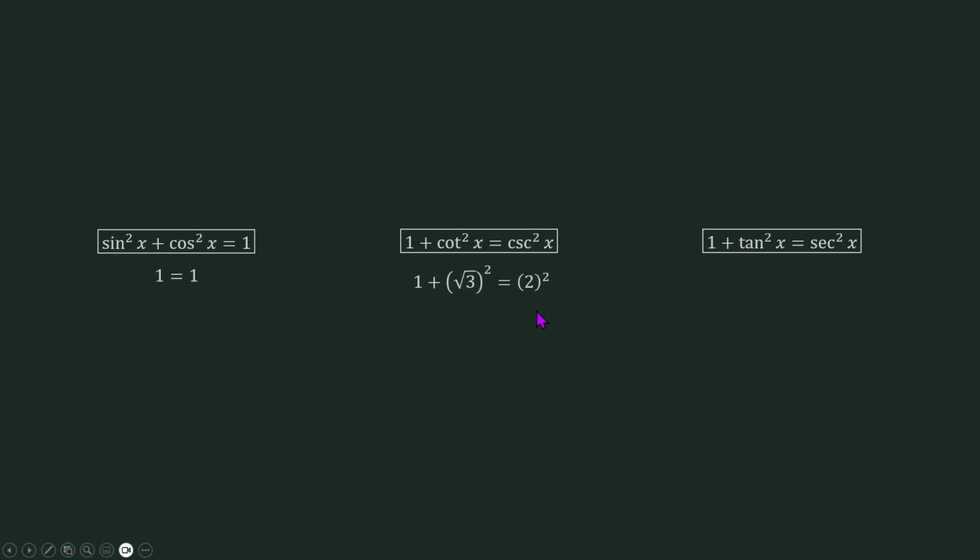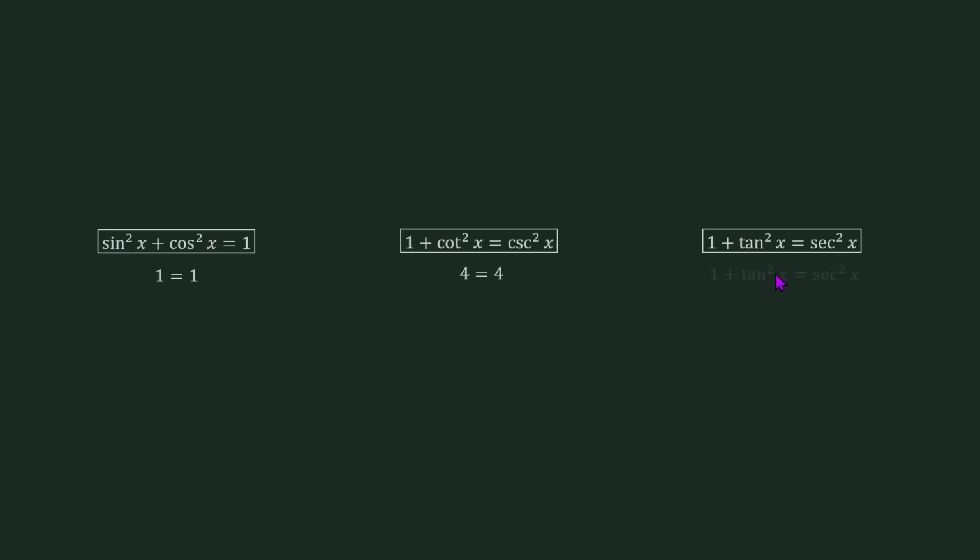If you don't know the value for these, or shall we say cotangent and cosecant, you can input it on a calculator in degrees. So let's proceed. Square root of 3 square is 3. 2 square is 4. 1 plus 3 is 4. 4 is equal to 4. It means that this equation is true.